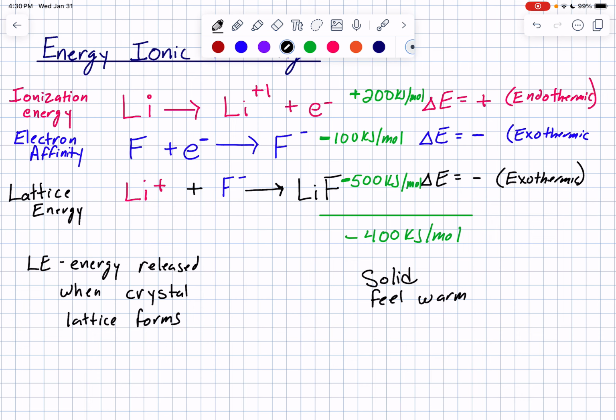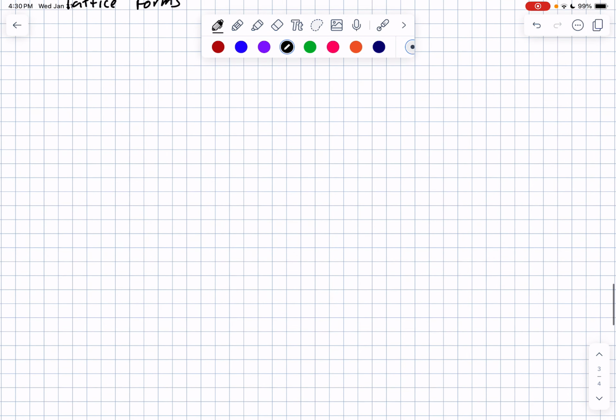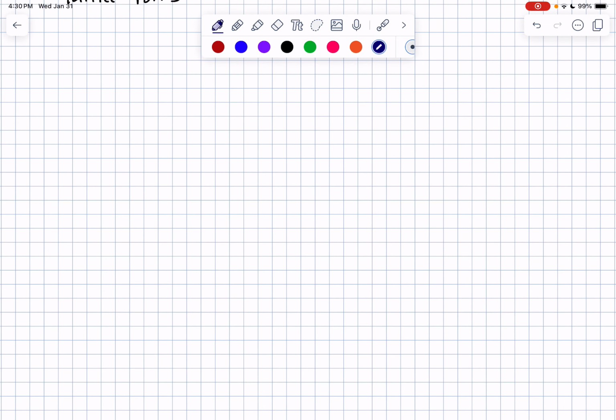If you remember from earlier, when we talked about bonding, we said that bonds were attraction between atoms. And in this case, ions. And so with that being said, bonds form when there's an attraction.